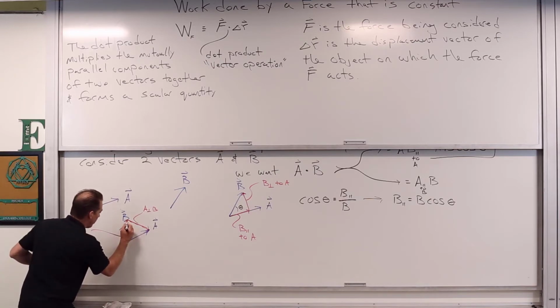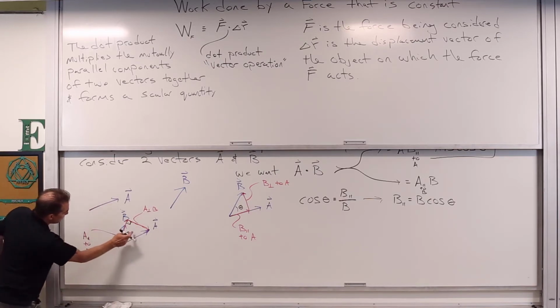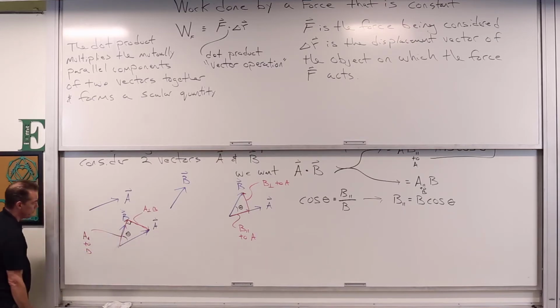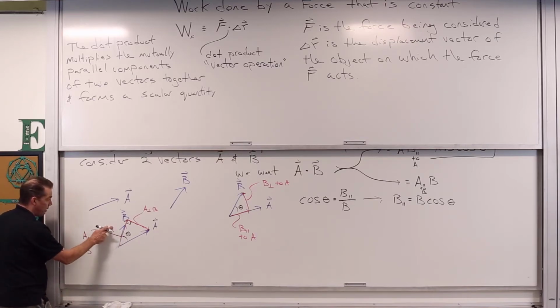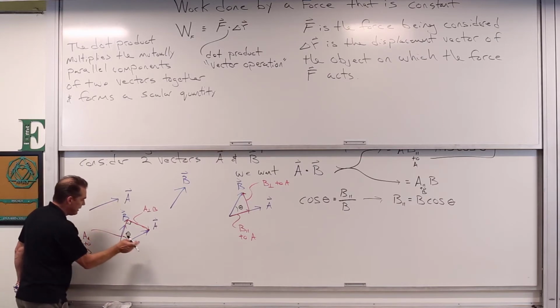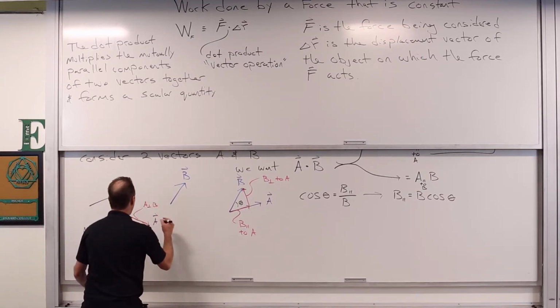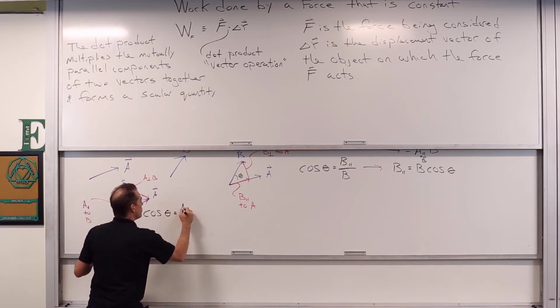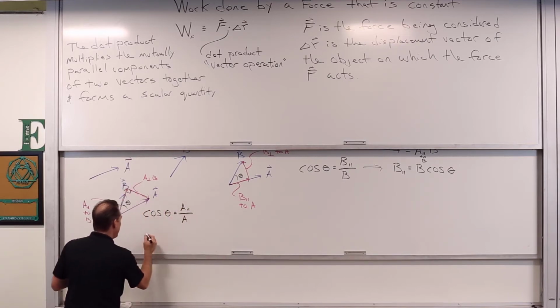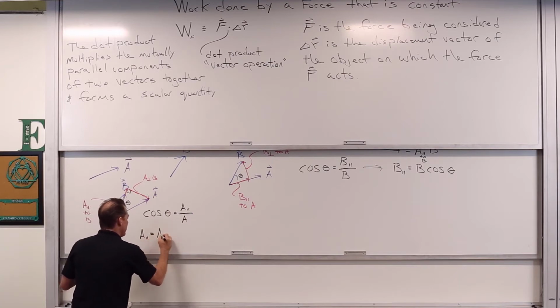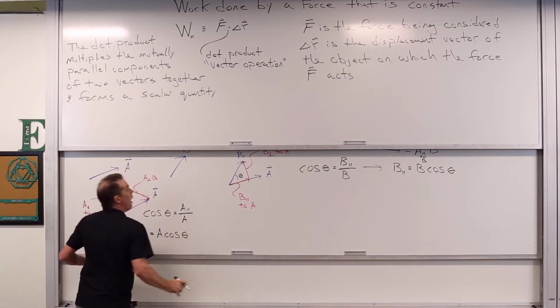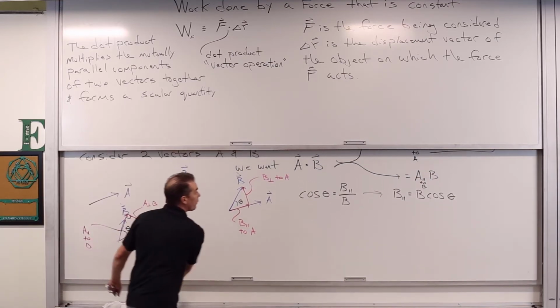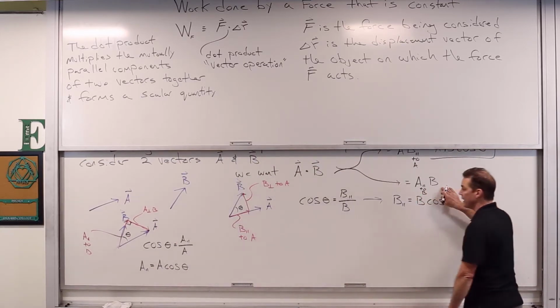This is our right angle right here. So the cosine of theta is adjacent over hypotenuse, which would be A parallel to B divided by A. Again, we can write that the cosine of theta is equal to A parallel divided by A, which gives us that A parallel is A times the cosine of theta.